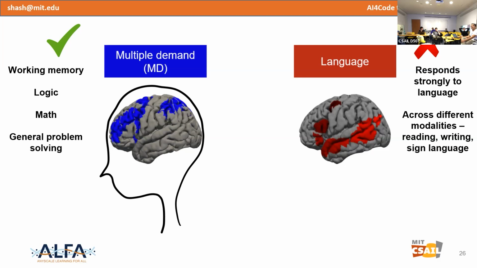There's another set of results which I probably won't have time to get into. It is slightly more of an abstraction: if we know that the multiple demand system is involved in general logic tasks, then can I define logic in terms of constituent primitives that come up in a programming language? Every logic task in some sense can be described as a program.